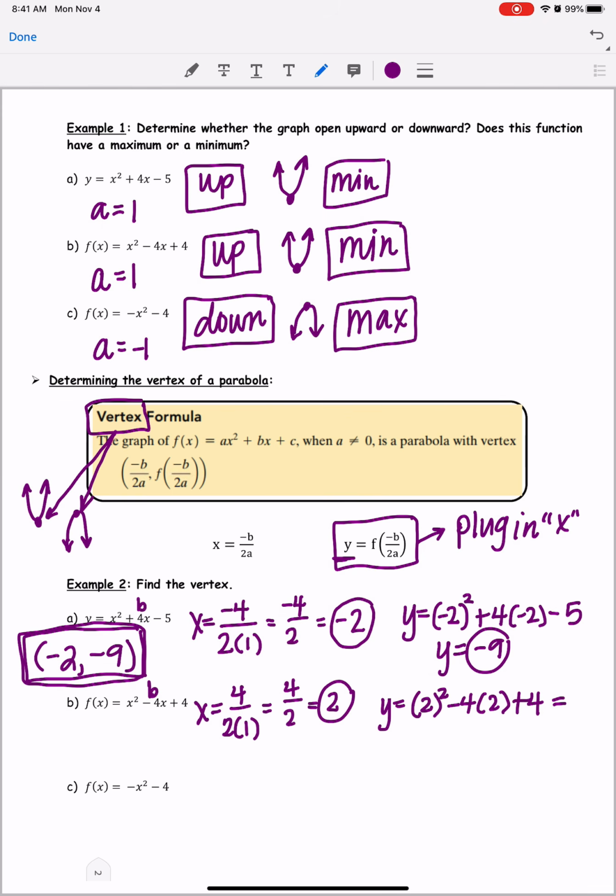So again, calculator work. When you put that in your calculator, you're going to get 0. So now my ordered pair is always x, comma y. So my ordered pair is 2, 0.